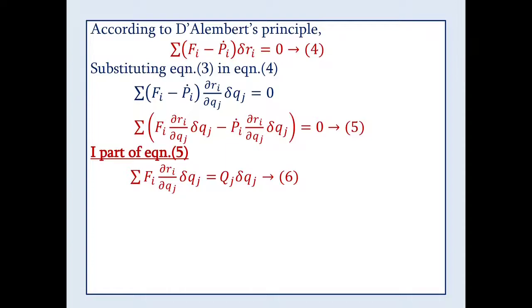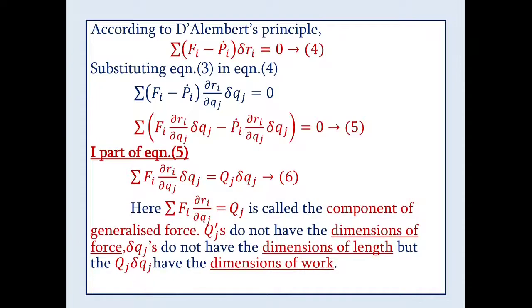The first part is Fi dou Ri by dou Qj into delta Qj. In place of this Fi dou Ri by dou Qj, we are introducing a new notation, capital Qj, into delta Qj. This is equation number 6. This Fi dou Ri by dou Qj equal to capital Qj is one of the components of generalized force.